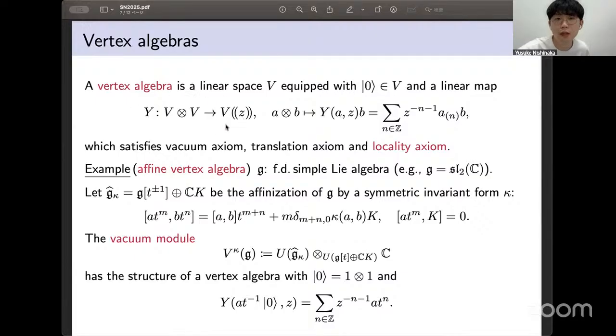Y is a map from V tensor V to the space of Laurent power series with values in V. So the image is a kind of variable z. Yes, this is a Laurent variable. So the image of A tensor B can be expanded in this form.